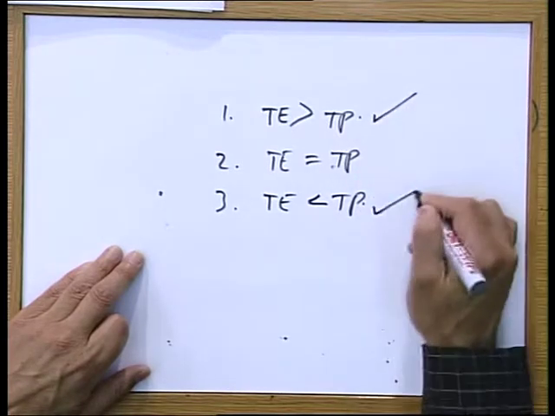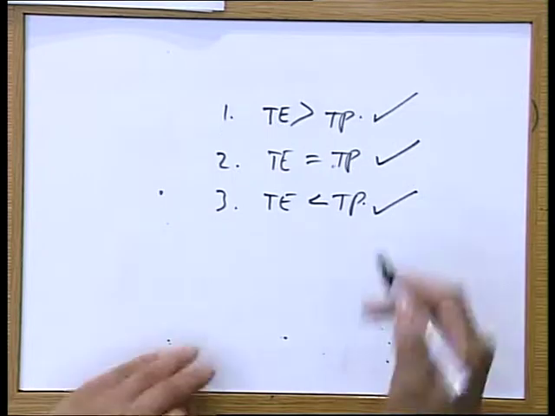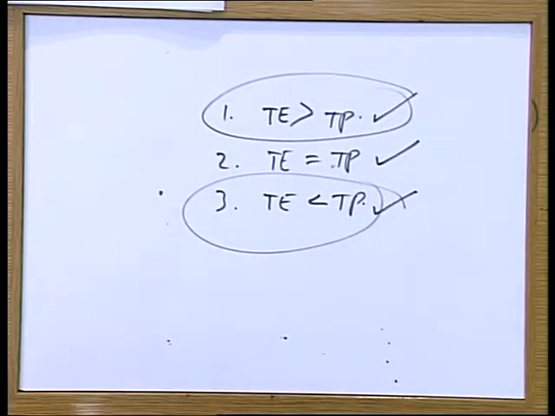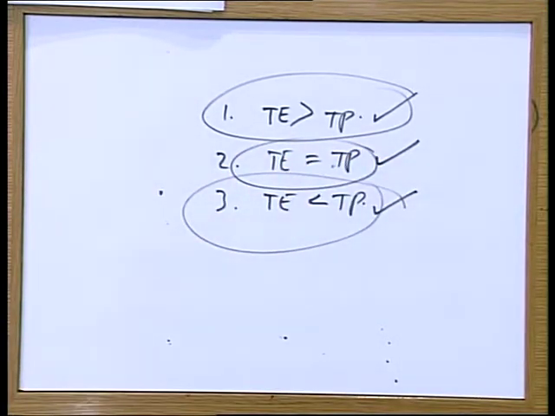In the first and third cases, the economy is in disequilibrium. In this case, the economy is in equilibrium. Now, what will happen if the economy is in disequilibrium? A firm's inventory will either increase or decrease, and this will lead to either an increase in production or a decrease in production, and then the economy will be back into long-run equilibrium, where TE is equal to TP.